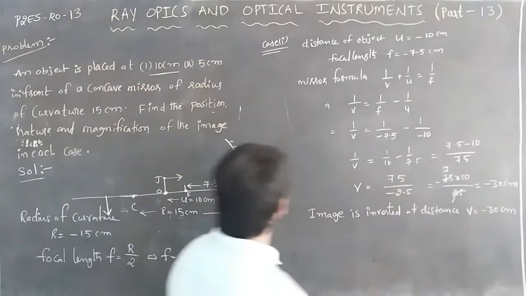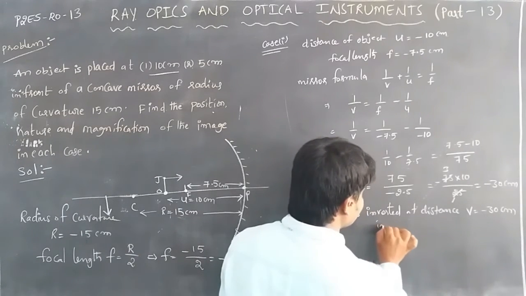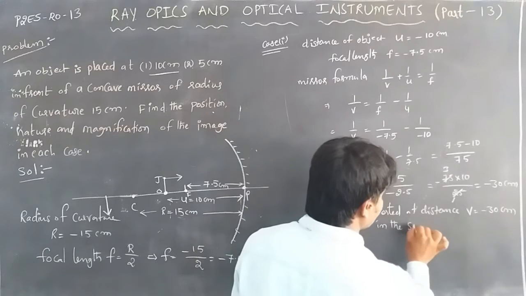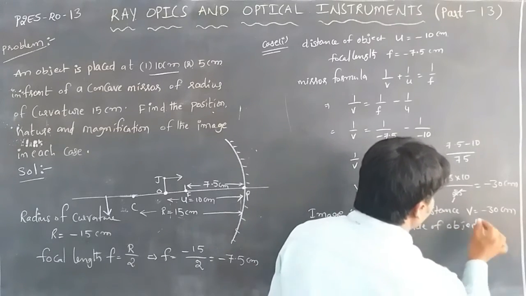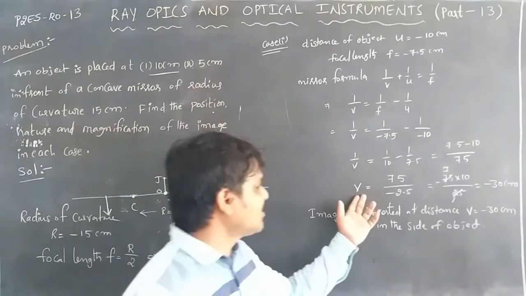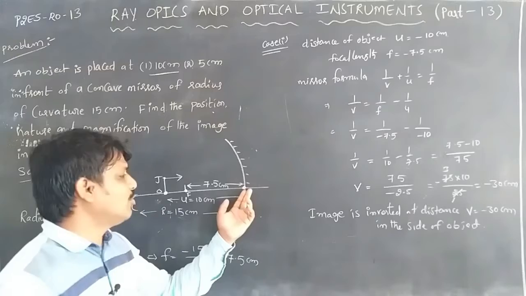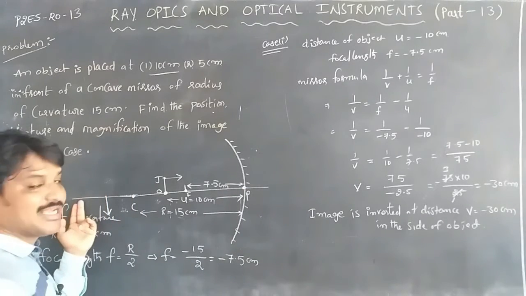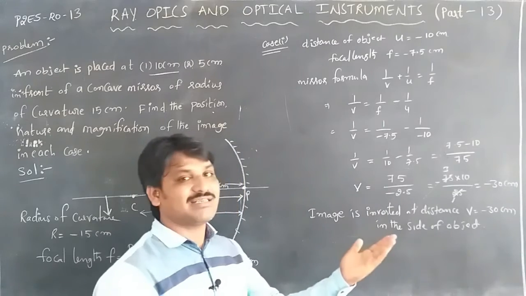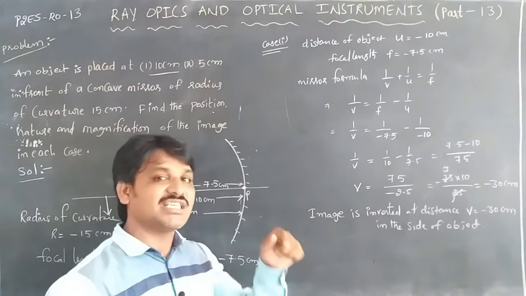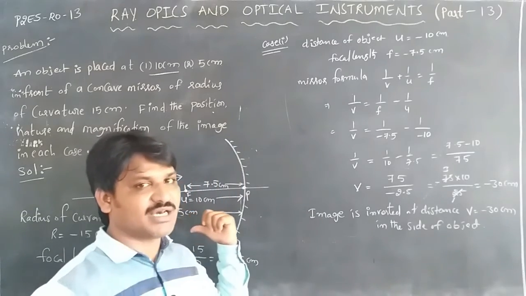The minus symbol indicates that it is on the side of the object. Here we got two values: the distance of the image is minus 30 centimeters from the pole, that is, 30 centimeters. The image is formed at a distance of 30 centimeters, the nature of the image is inverted, and it is formed on the side of the object.